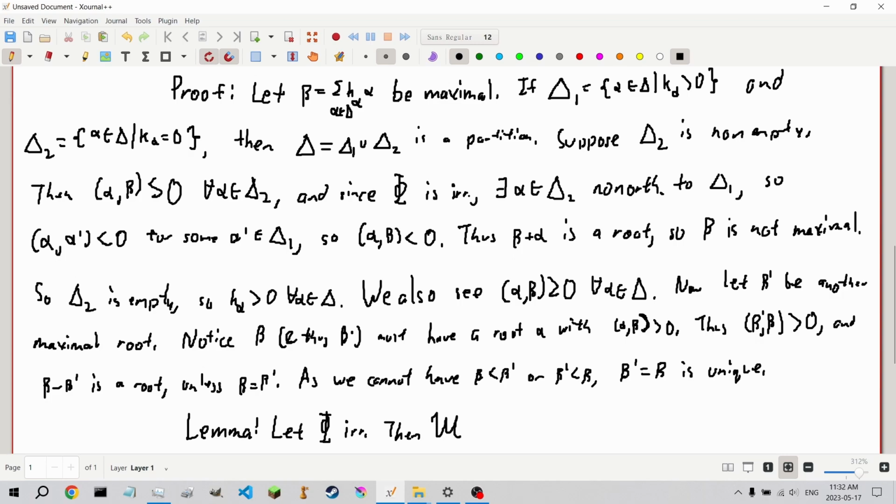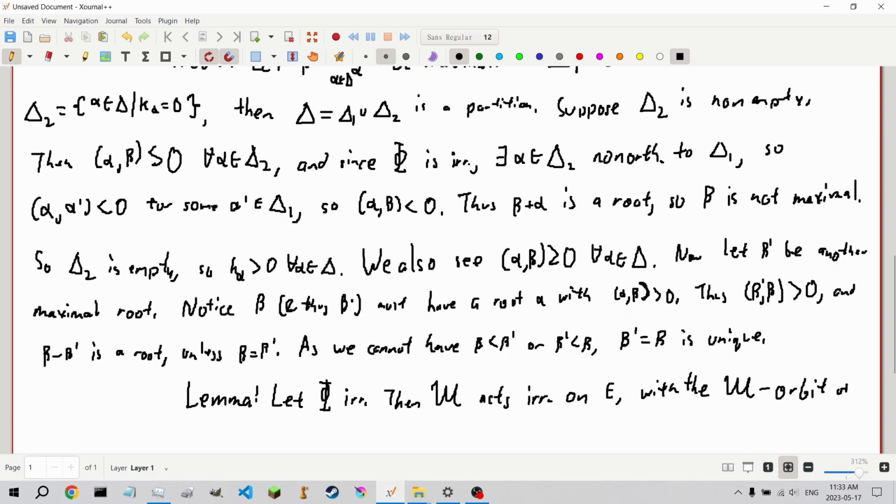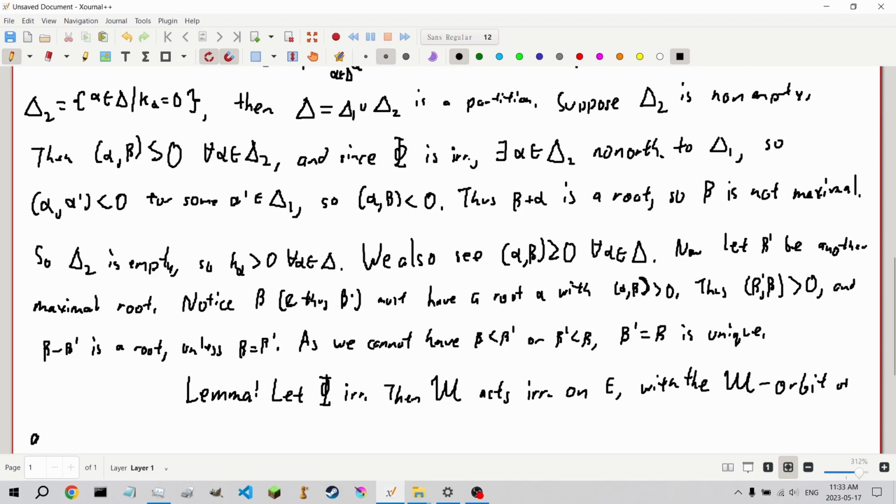Then the Weyl group acts irreducibly on E, with the Weyl orbit of any root alpha spanning E.